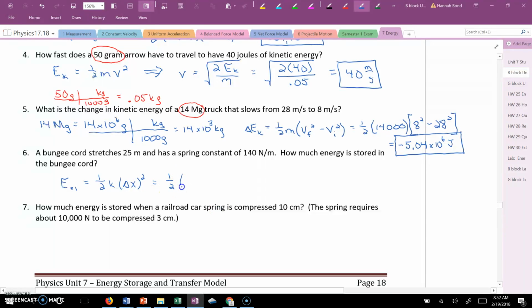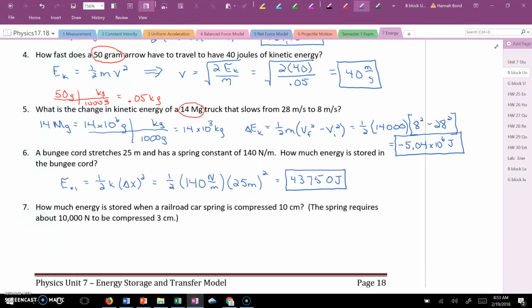It's half of 140 newtons per meter times that 25 meters squared, and so we get 43,750 joules of elastic potential energy stored in that bungee cord.